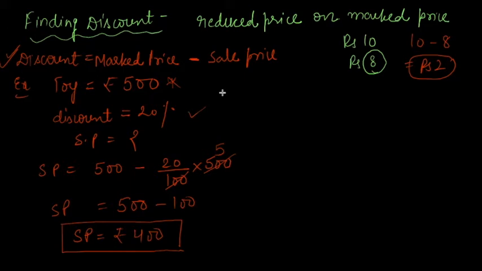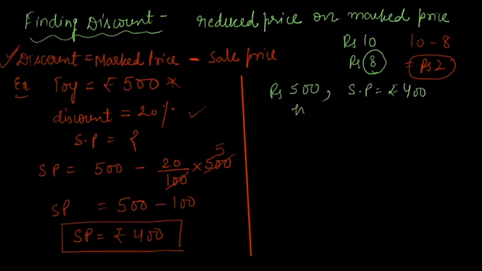Now if I switch this question, as we have done in the previous parts, let's do it that way. If I say the price was rupees 500, and the selling price is given as rupees 400, how much is the discount percent? If the maximum price on an item was 500 and you went to a shop and you are getting it for 400 rupees, what was the discount offer going on?